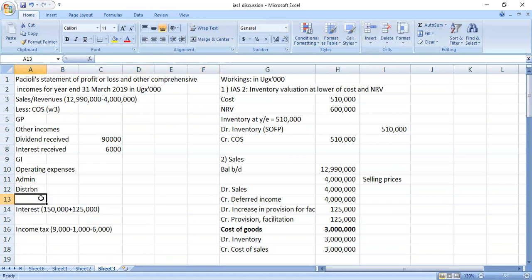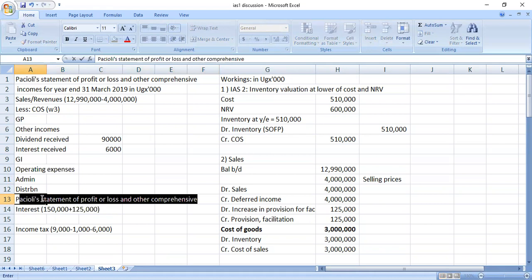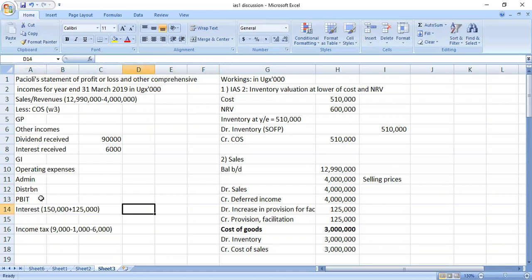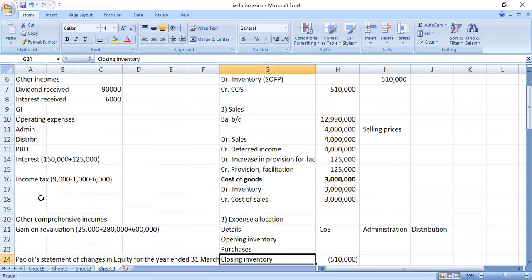Then you have profit before interest and tax. Excuse me. Why are you adding the net realizable value, like the 600 million in the question, to the cost in the cost of sales column?